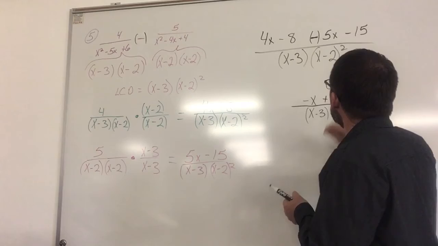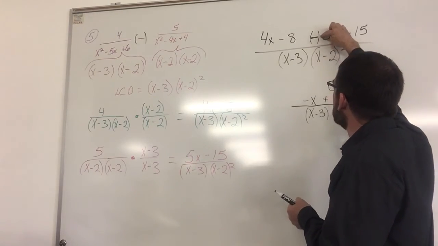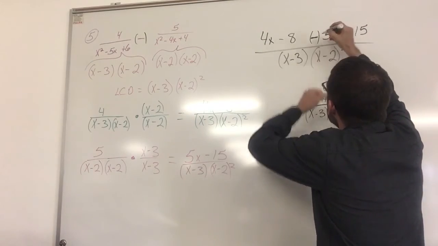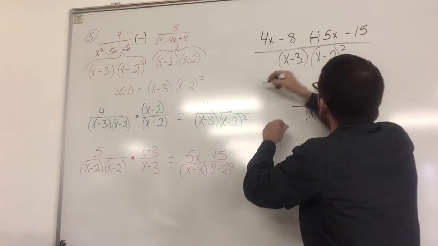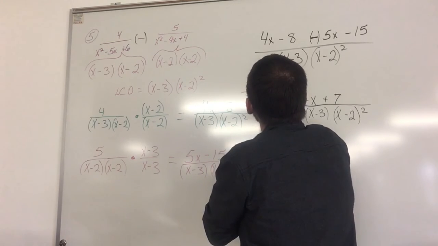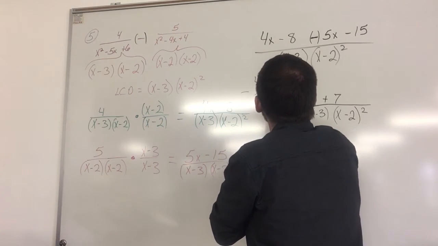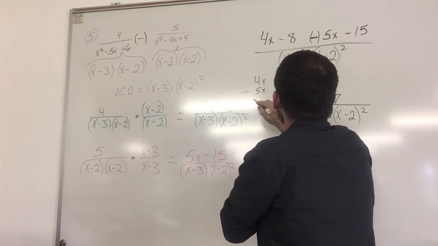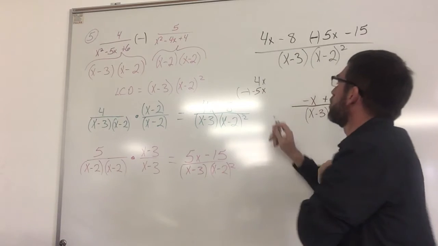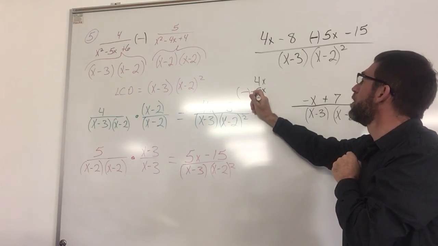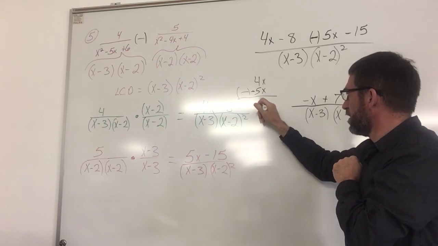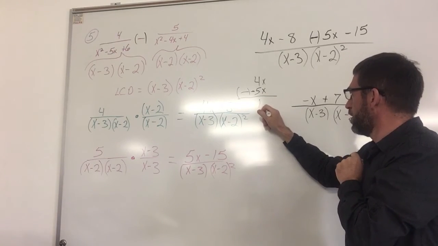So now you have, if this is a positive 5, which it is here, when I move it up here, I make this, maybe I should have written it over here on the side, 4x subtract 5x, and I should make him a negative sign. I should change him. And so that makes me a 1x.